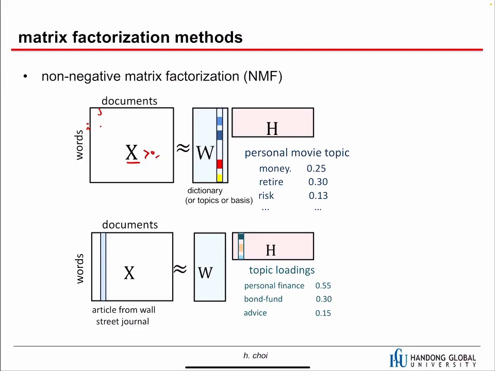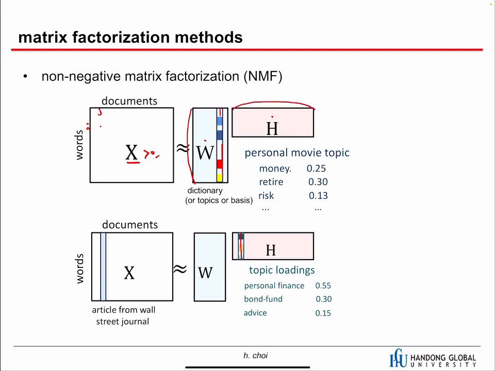And when we apply NMF, then we can get W and H. The W has topics. This one is one topic, and we have lots of topics here, or bases. And the H has topic loading. This one is words, and this one is documents.